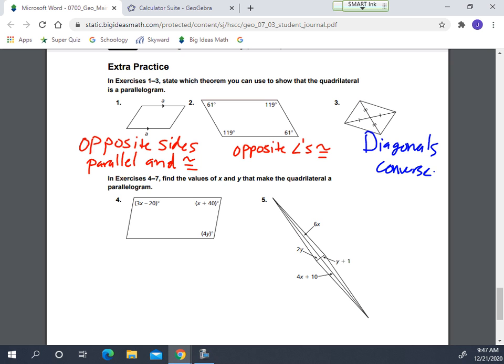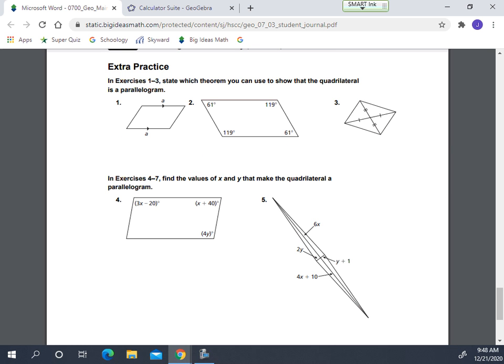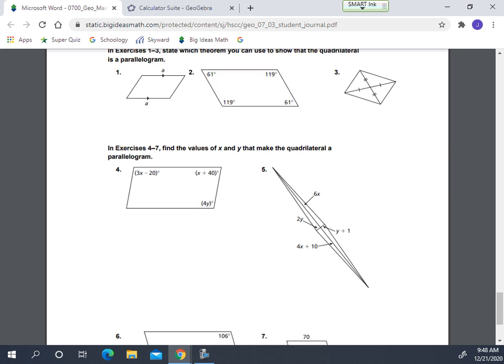When we get into proofs, it is important that you say parallelogram opposite angles congruent theorem, or parallelogram diagonals converse, or parallelogram opposite sides parallel and congruent theorem. It's important to say parallelogram when we get into proofs. As of right now, I'm okay with you guys just saying the diagonals or the opposite angles.